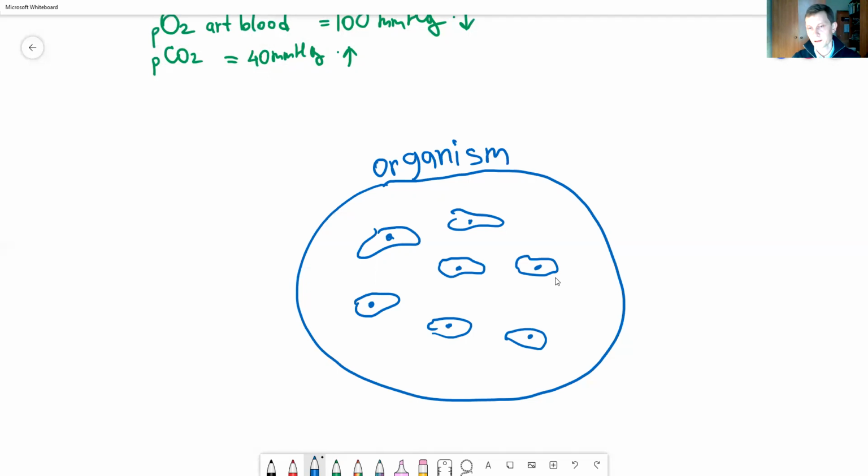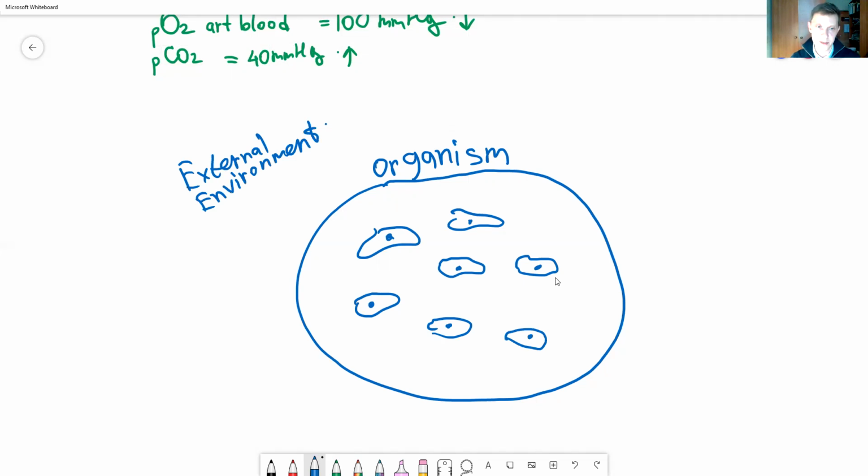And these substances we can receive only from the external environment.